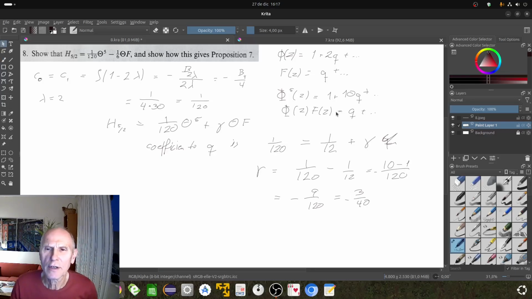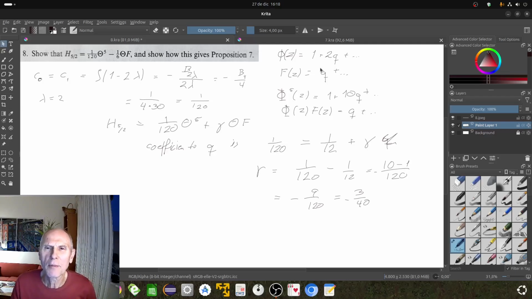So we must check. This should be correct because it immediately gives the right coefficient here. And the number of divisors, or the sum of the divisors of 1 is unity, of course.